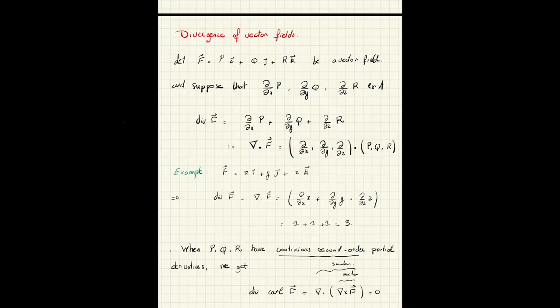Just make sure you multiply on the left. What's the symbolic vector? A symbolic vector is this one: ∂/∂x, ∂/∂y, ∂/∂z. This is what I call a symbolic vector. The first component is the partial derivative with respect to x.